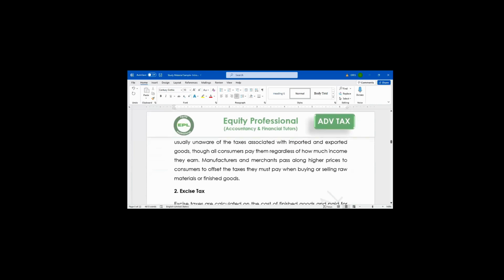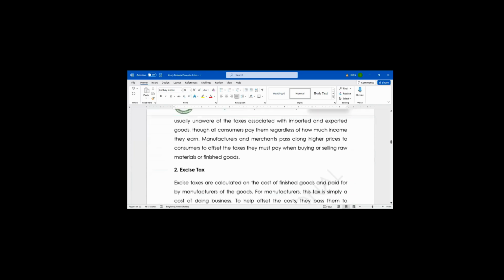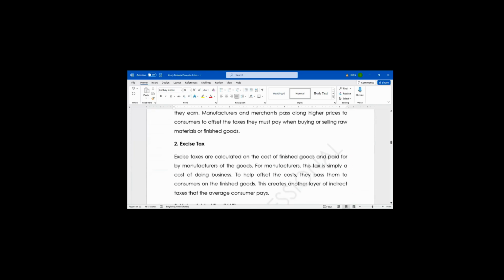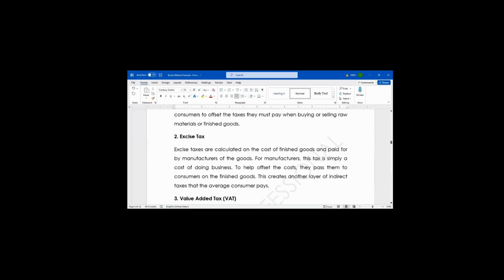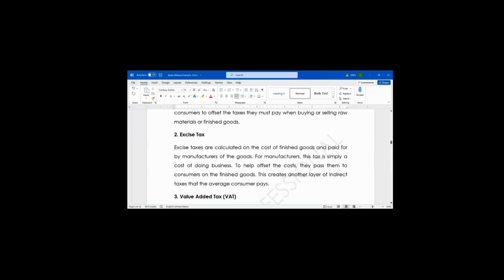Aside from that, we have excise duties. There are some goods manufactured within the country that pay excise duties on them. Such a tax is also an indirect tax.